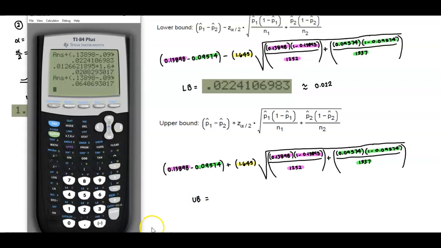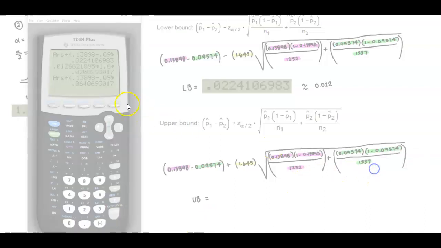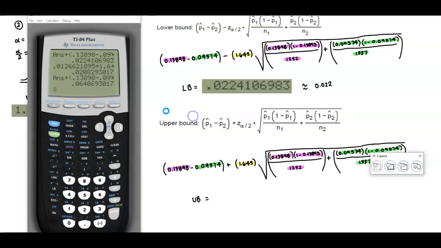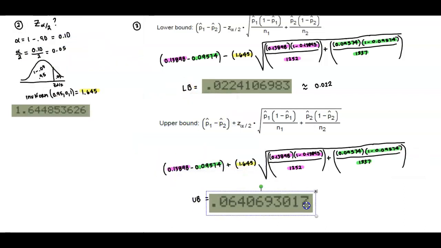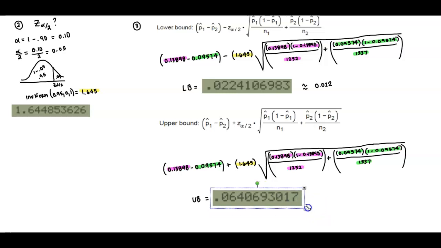So let's copy that value from our calculator. Here's our value. We want to round that to 3 decimal places, and we get 0.064.